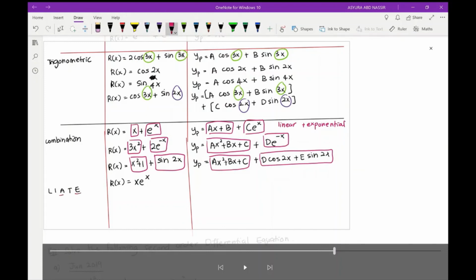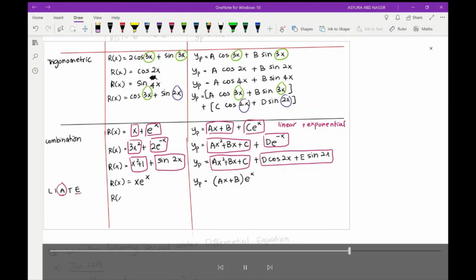So basically only for algebra we will put the constant. So your Yp will be (ax plus b), a linear expression, times e^x only. You just put the constants a and b for the algebra.